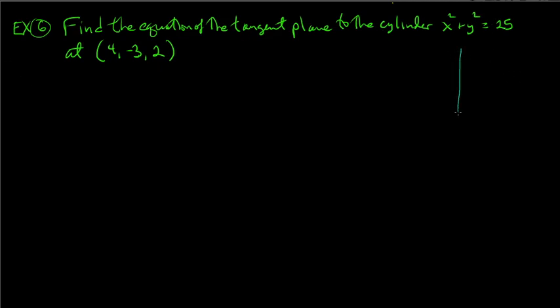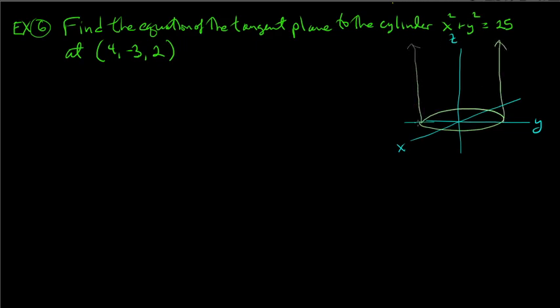Well, maybe we should try to graph it here. Okay, so here's the xy plane. Oops, y is here, and then z is here. And so we're presuming this is the infinite cylinder. It goes on forever, both upwards and downwards. So z could be positive, z could be negative. And let's see. So x is 4, 1, 2, 3, 4, right about here, and y is negative 3.